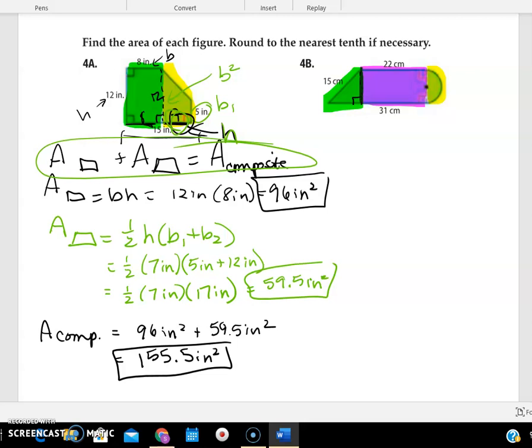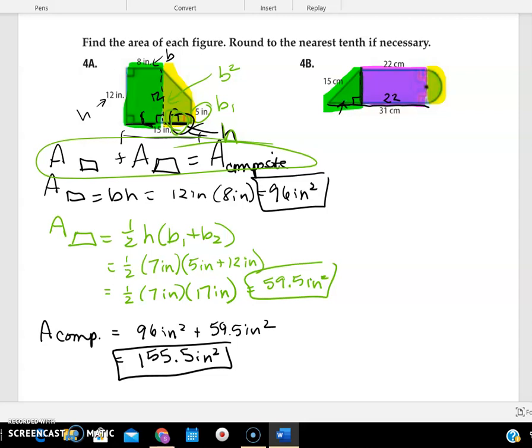So for the rectangle, I'm going to start with that one because that one's going to be the easiest. We need to remember the opposite sides are congruent. So this 31 actually belonged to this whole side. So for the rectangle, this would be 22.